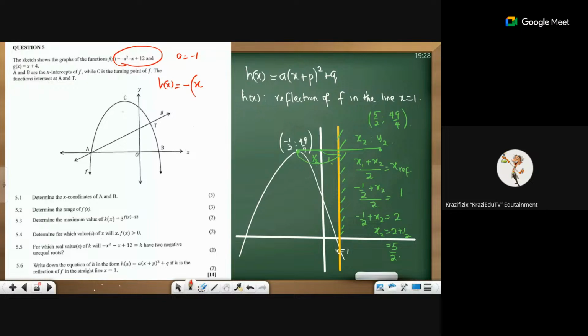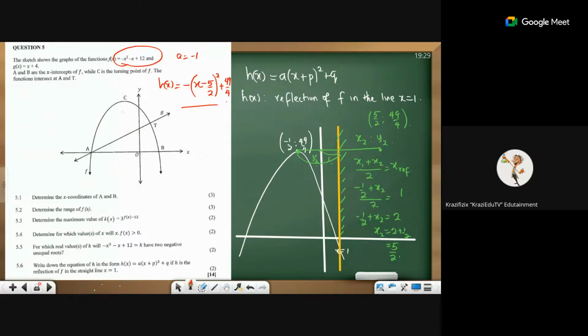Do you notice my turning point is now 5 over 2? But when I bring it into this equation, the sign must change because x is deceiving. It is plus here already. Negative 1 open bracket x plus 5 over 2 squared plus, what is my q value? 49 over 4. We are done there.